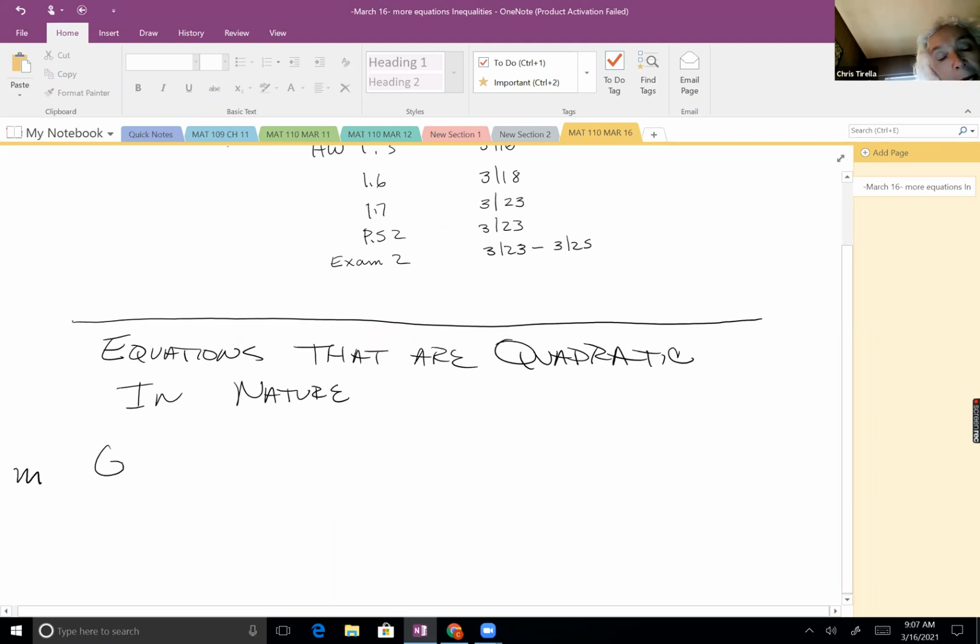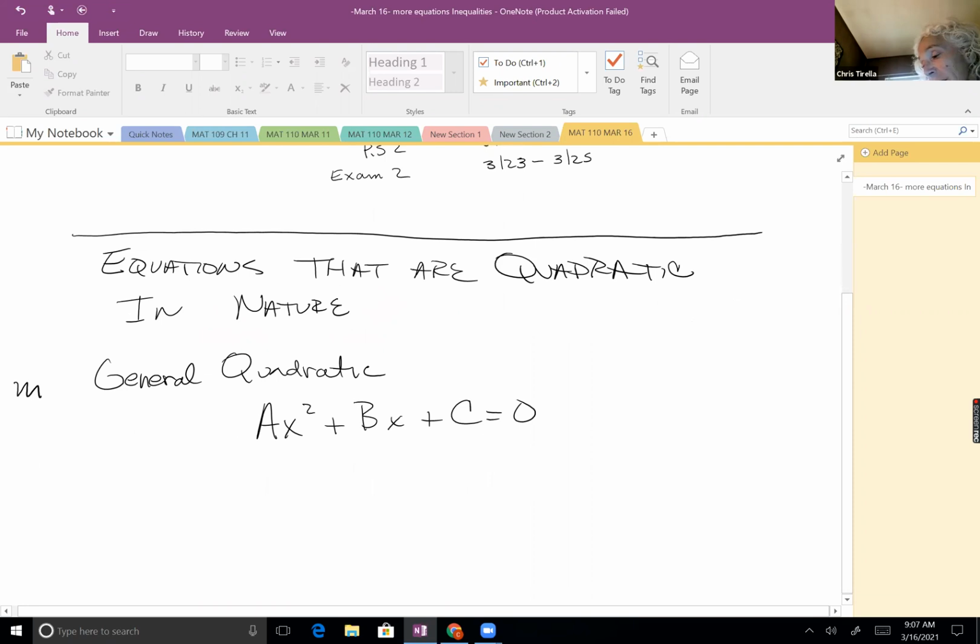If we look at the idea of a general quadratic, we had said that a general quadratic was ax squared plus bx plus c equals 0. A, b, and c are real numbers, and x is a variable.